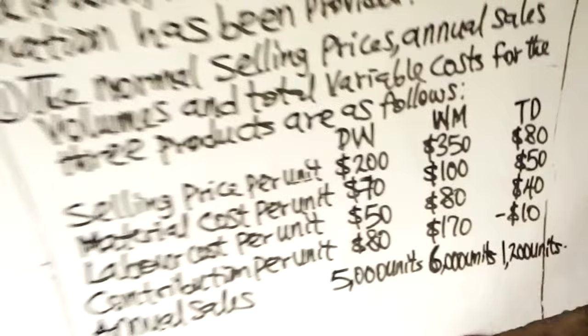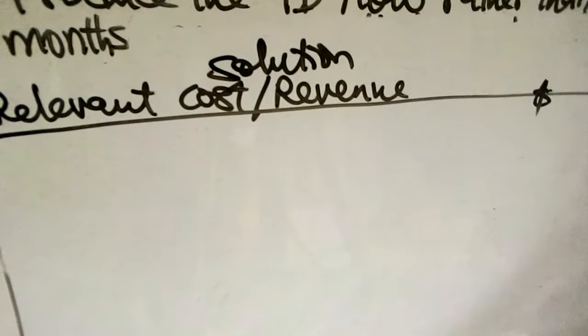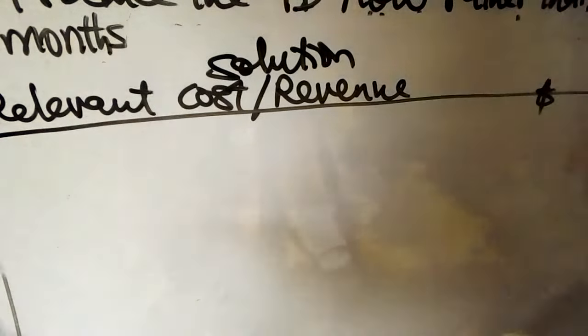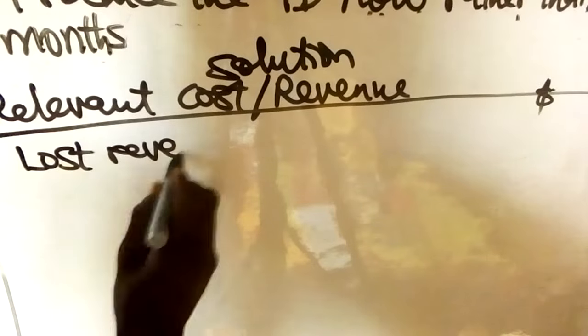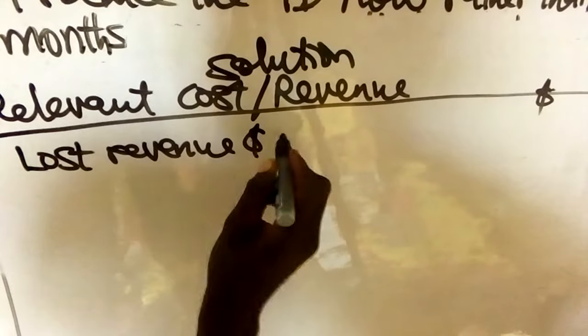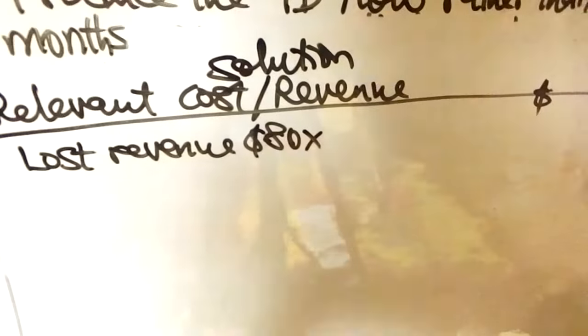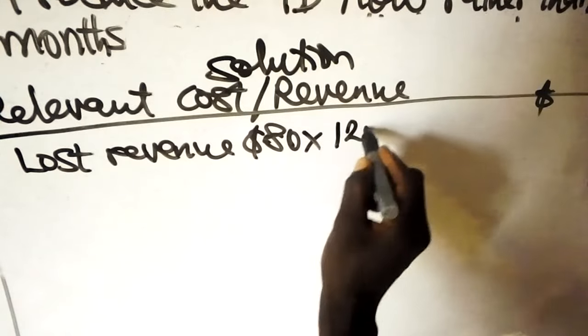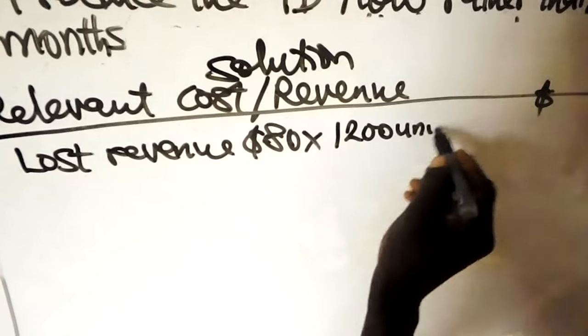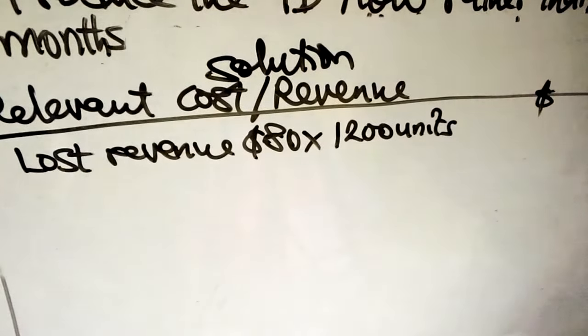So 1,200 times 80 will give you the lost revenue. If you cease manufacturing TD now, how much will be the revenue that will be lost? So we have lost revenue, which is $80 per unit multiplied by the number of units, which is 1,200 units. That is the amount of revenue that will be lost.